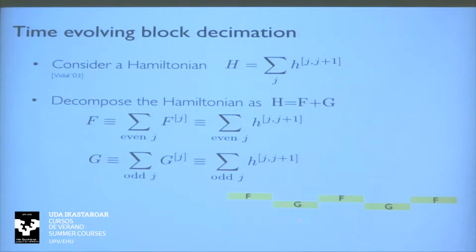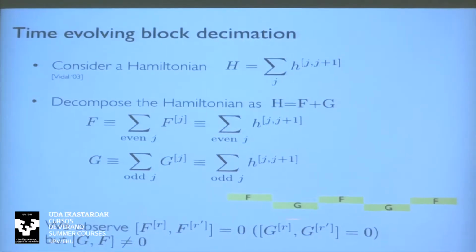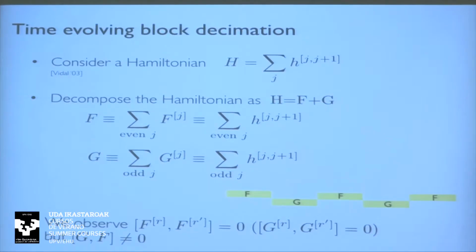The G terms act only on odd bonds. And clearly we see that all F terms mutually commute because they don't have any operators in common. And also all terms G commute because they act only on different sites.